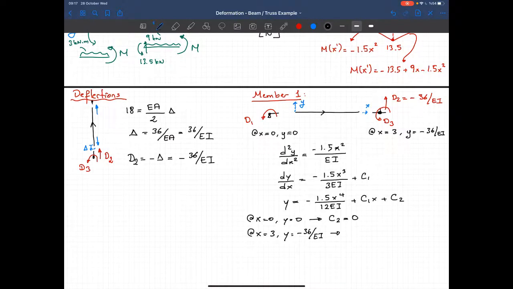So if you put x equal to 3, I got minus 1.5 times 3 to the power 4 divided by 12EI plus 3C1 should be equal to minus 36 over EI. And from that equation, we obtain C1 as equal to minus 8.625 divided by EI.